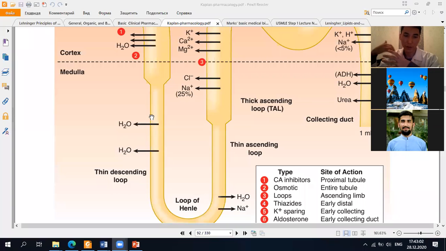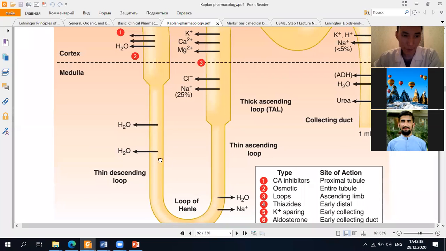These membranes are going to let only water pass through. But other substances like sodium and chlorine ions are not going to pass through these membranes.